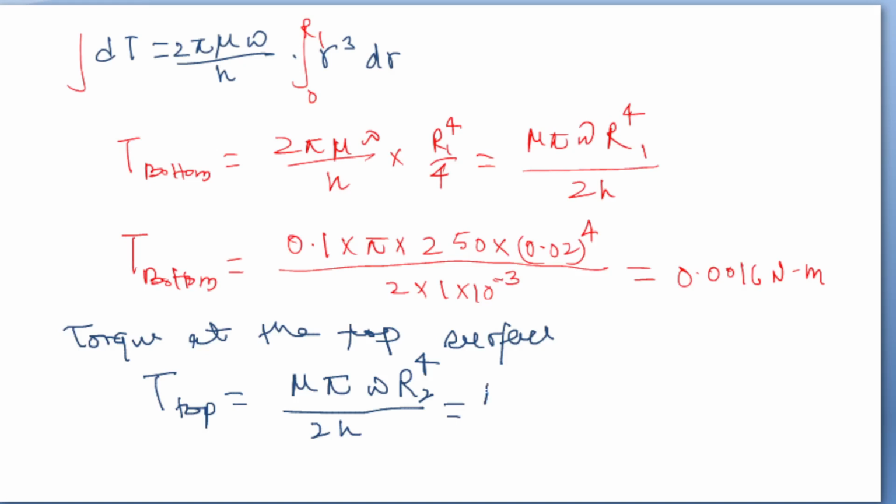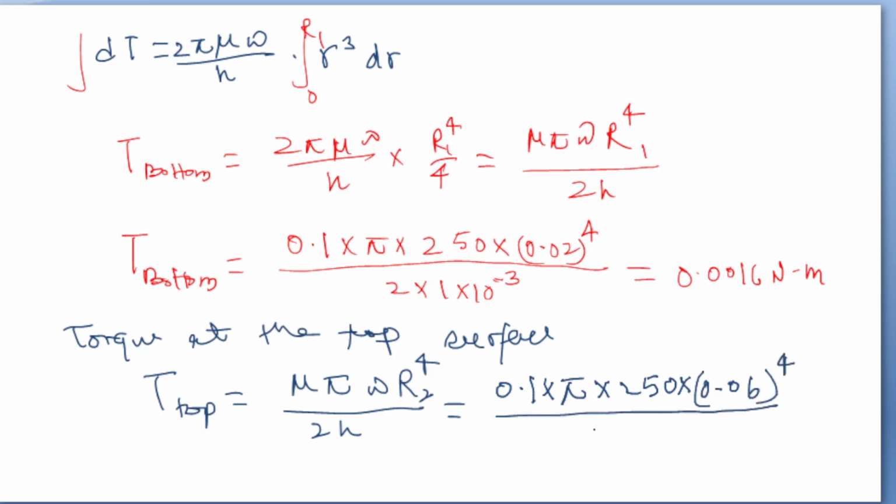If we substitute the values, mu is 0.1, pi, omega is 250, r2 is 6 centimeter, that is 0.06, raised to the power 4, divided by 2h, which is 1 into 10 to the power minus 3.